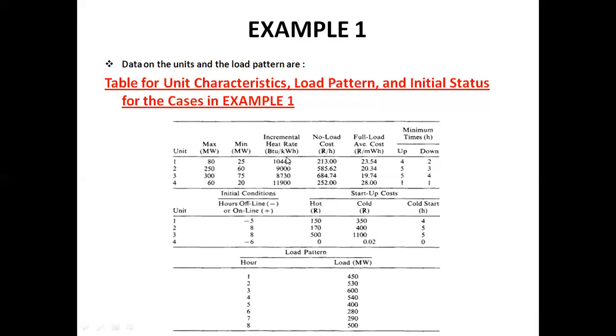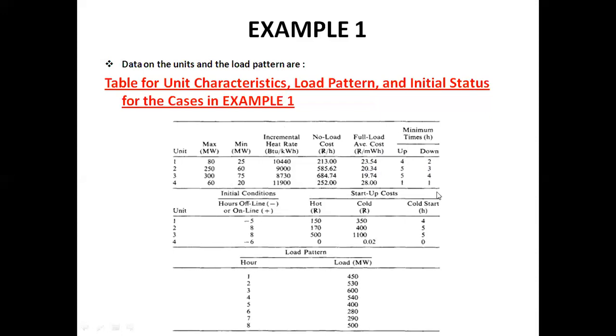The incremental heat rate is given as 10440, 9000, 8730, 11900 for units 1, 2, 3, 4, and the no load cost is given as 213, 585.62, 684.74, 252, and the full load average costs are given as 23.54, 20.34, 19.74, 28.0. That is the full load average cost, and the minimum times, that is the uptime 4, 5, 5, 1 and downtime 2, 3, 4, 1.